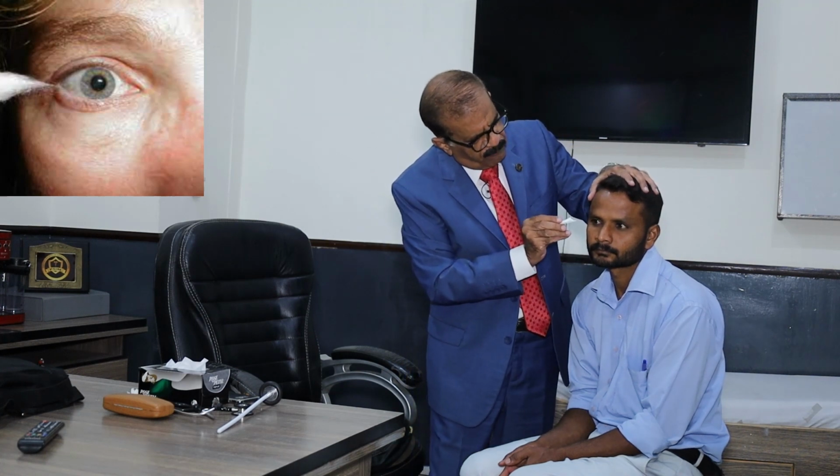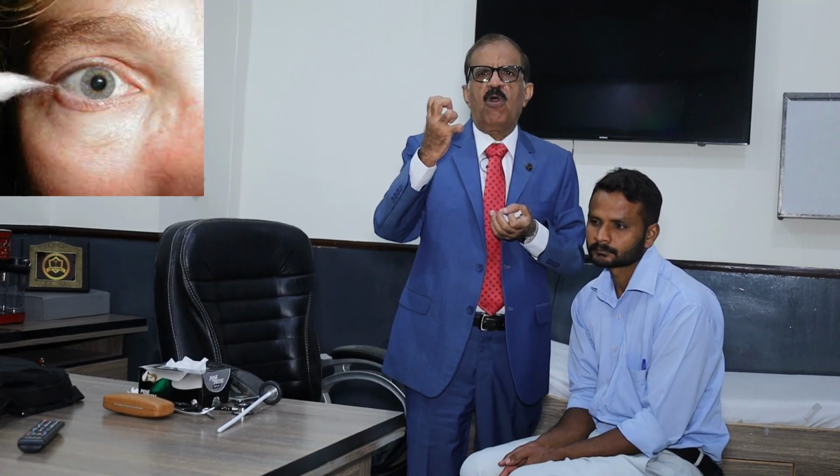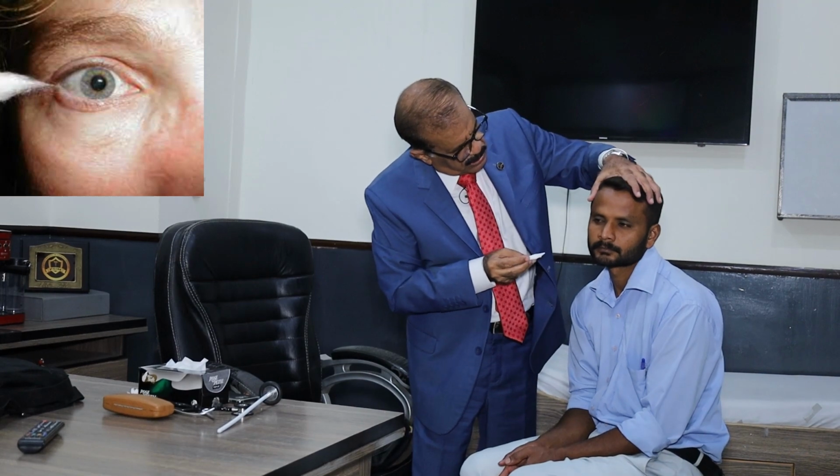Why? Because if the patient can see something coming toward his eyes, reflexively he will close his eyes. So when we touch the cornea from the side, there will be reflex contraction of the muscles of the eyelid, and there will be sudden and brisk closure of the eye. So this is how I do it.